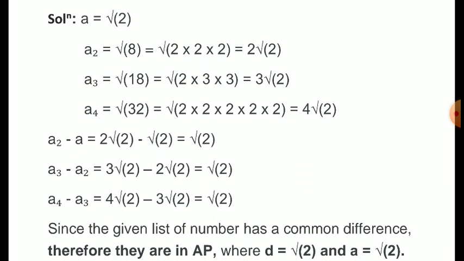You see on the screen, you substitute the values of a2 and a1, 2 root 2 minus root 2, then it comes to root 2. And the difference between the third term and the second term, that is a3 minus a2. a3 is 3 root 2 and a2 is 2 root 2, then it comes to root 2. You can easily find it is root 2.